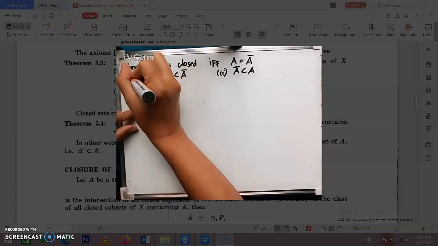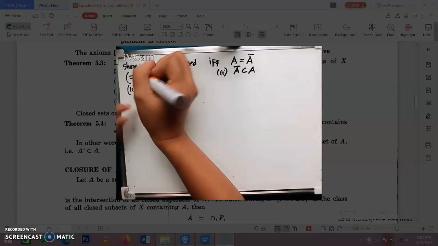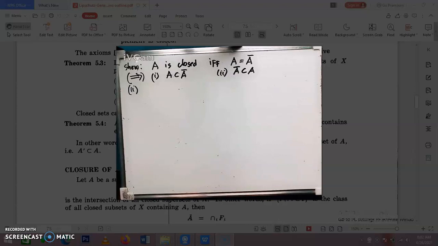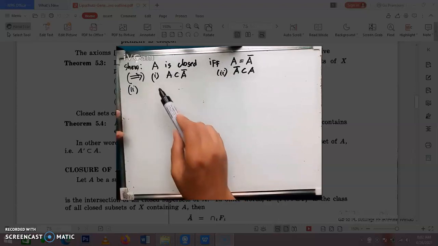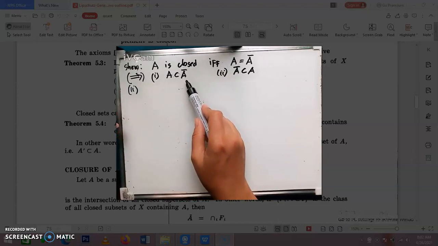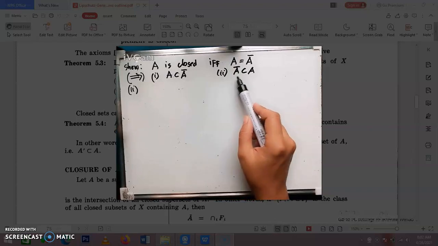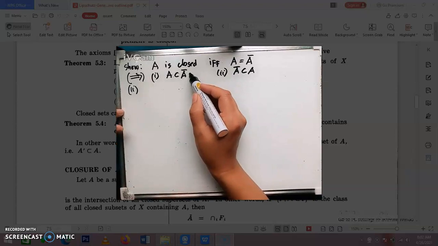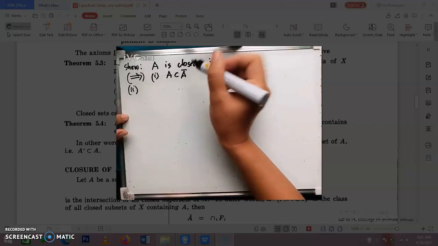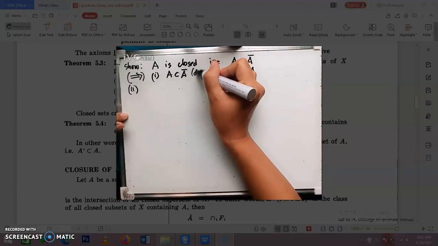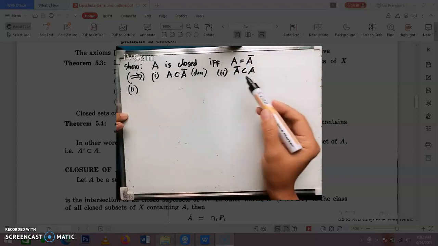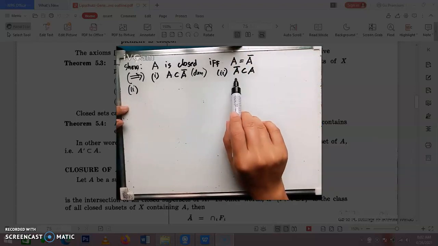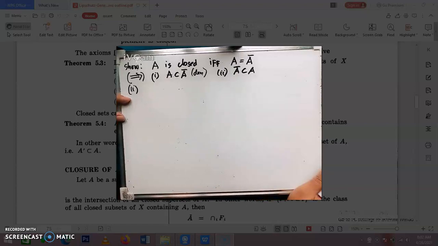Because this is an if and only if statement, we will show A is a subset of its closure, and then the closure of A is a subset of A. Now, the first is done already in our previous statement. And now we show that the closure of A is a subset of A.